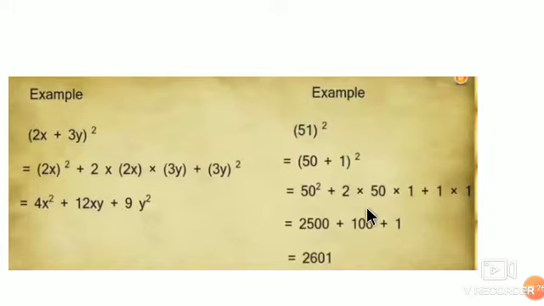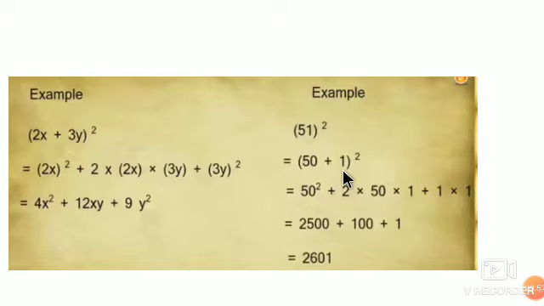See another example, for the numericals. 51 square. So we can find squares also by using this expansion formula, because this is the expansion of square. For that we should write this 51 as 50 plus 1. In expanded form we have to write the number.